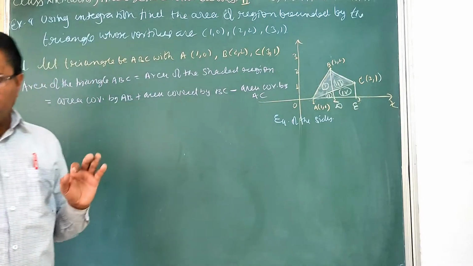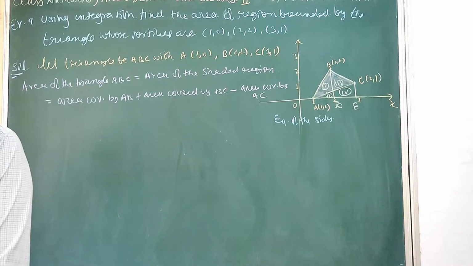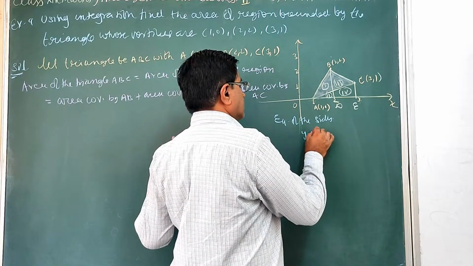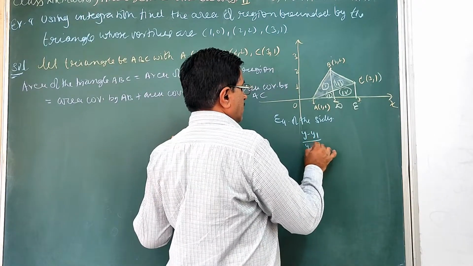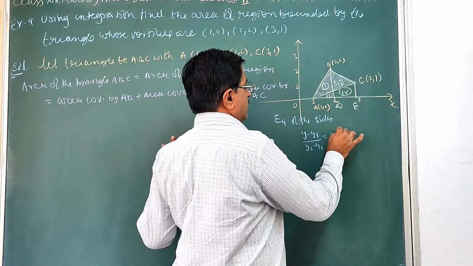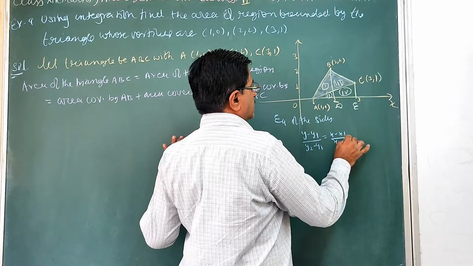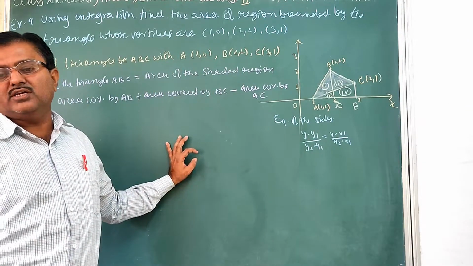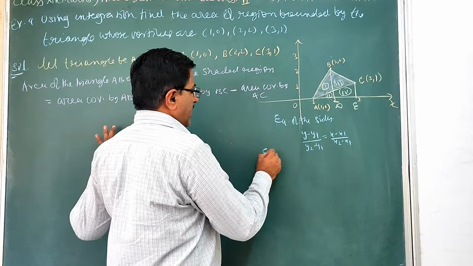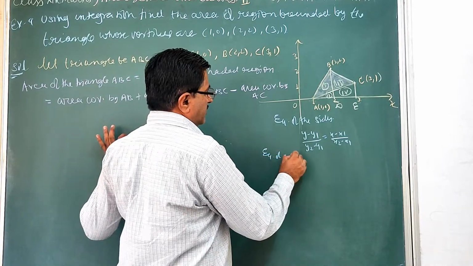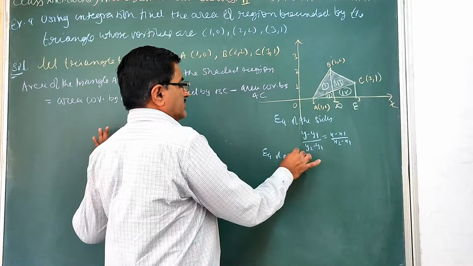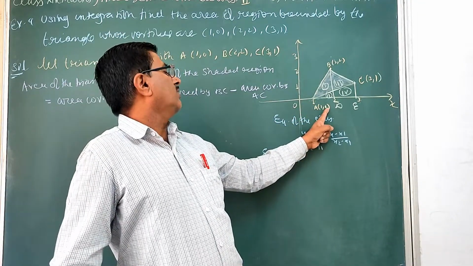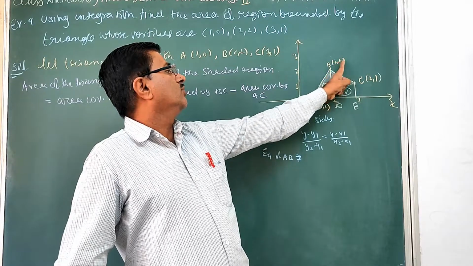So when we are given 2 points, you already know how to find the equation: y minus y1 upon y2 minus y1 equal to x minus x1 upon x2 minus x1. This formula we have to use for all three sides. So here you can write equation of AB. We take x1 1, y1 0, x2 2, y2 2.